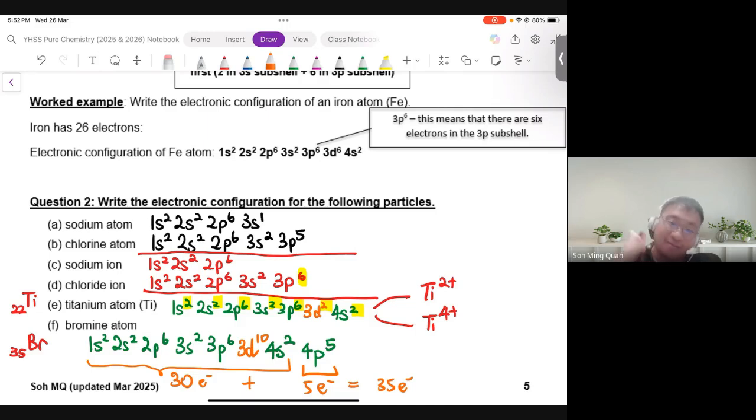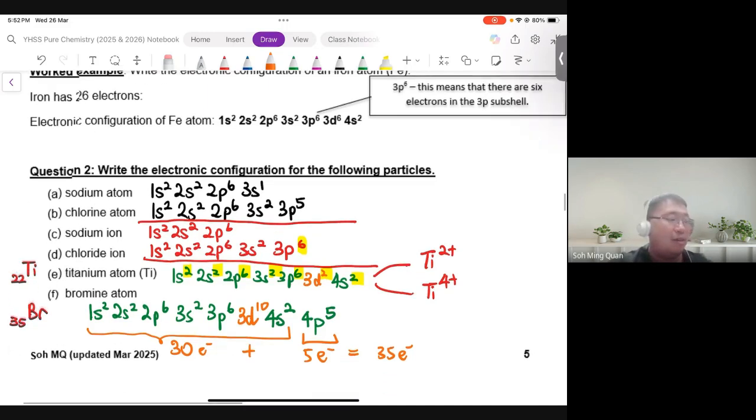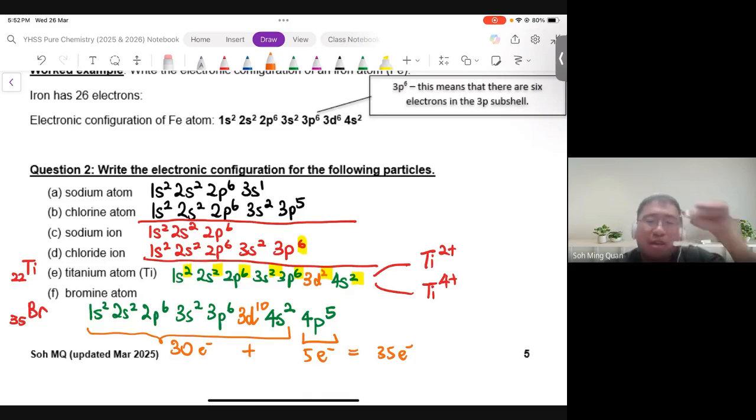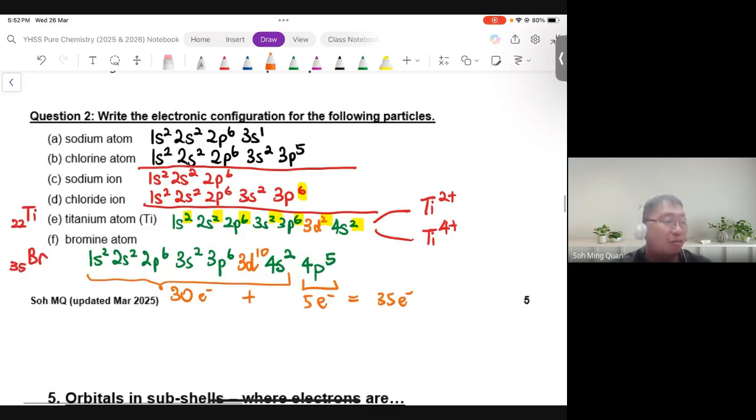All right? Now, of course, this looks very complicated. If we were to rewrite bromine in our O-level format by shell, how do I do that? I can do that, no? The first shell, 2. Second shell, 8, right? Third shell, 3s is third shell, 3p is third shell, 3d is also third shell.